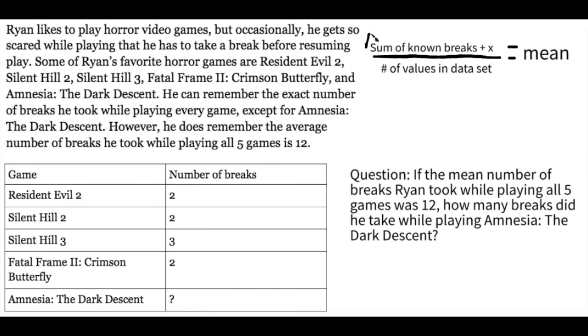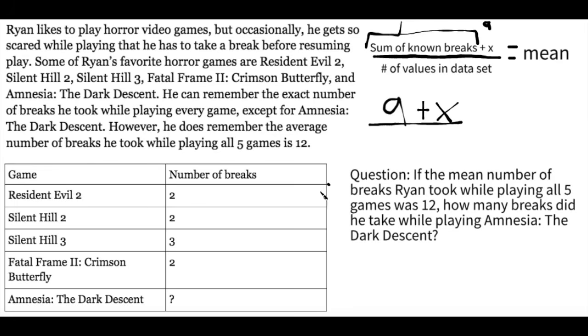I just added up all the breaks that I know, and I got 9. So I'm going to start with 9, and I'm going to do 9 plus x. Obviously it's probably not going to be breaks in a question that you get on your test. It's going to be whatever this happens to be. You just take all the numbers that you know, add those up, and then you do plus x.